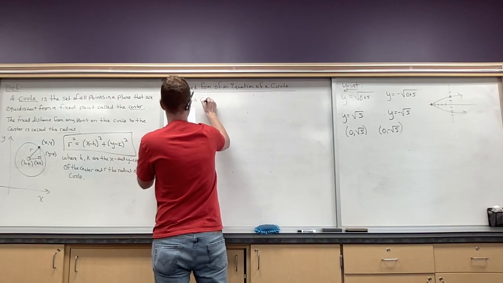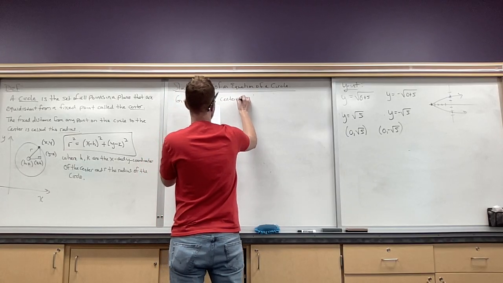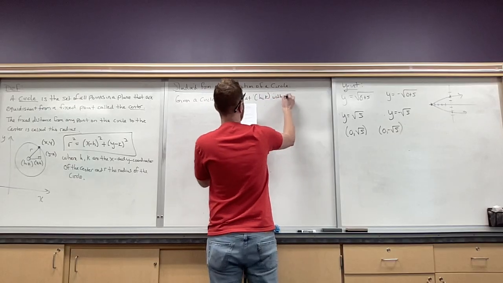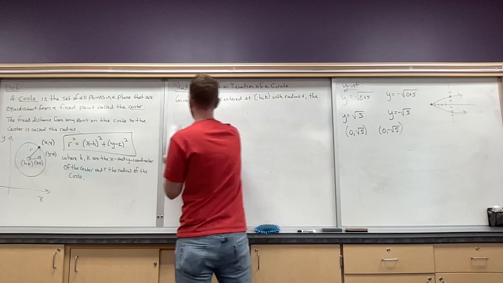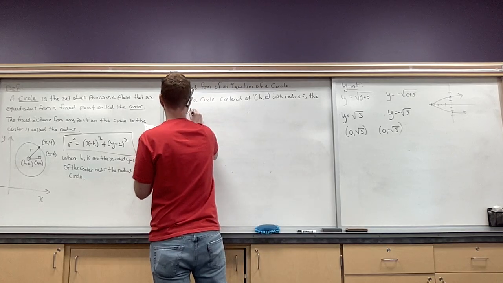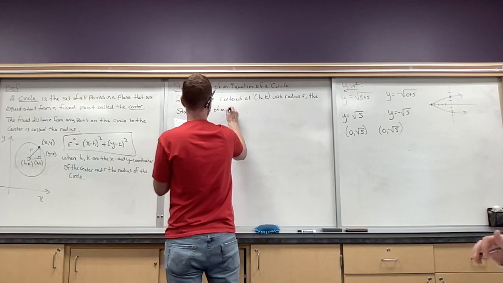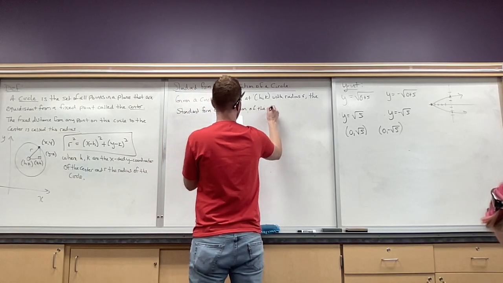Given a circle, center at (h, k) with radius r, the standard form of an equation of the circle.